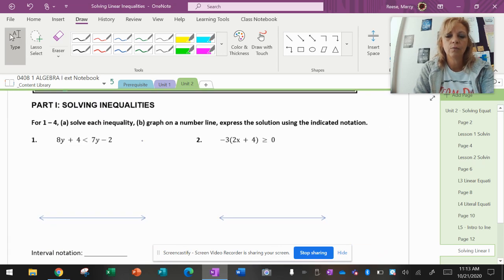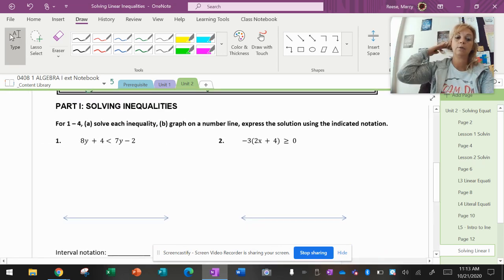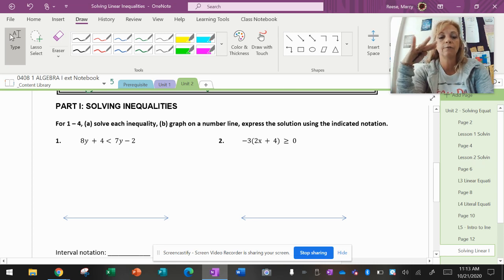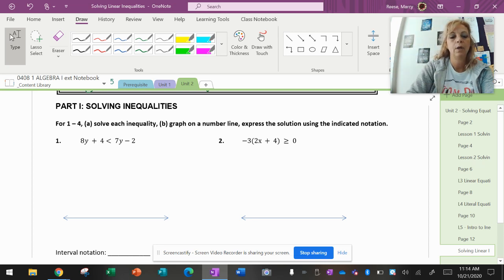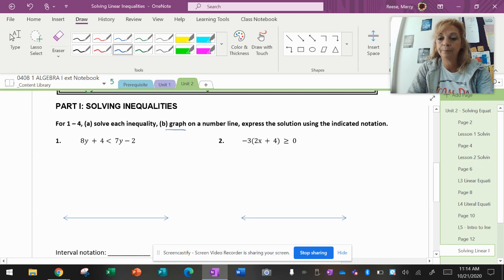All right, you're going to get an inequality like number 1, and you do just as if you had an equation. You get the y's to one side and the constants to the other, solve for y or x or whatever the variable is, and then graph on a number line.